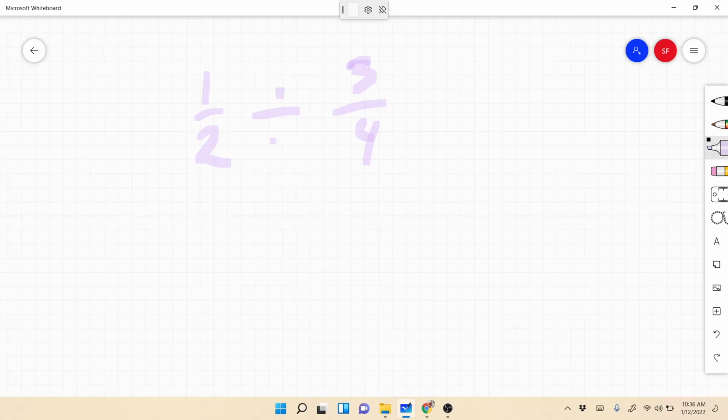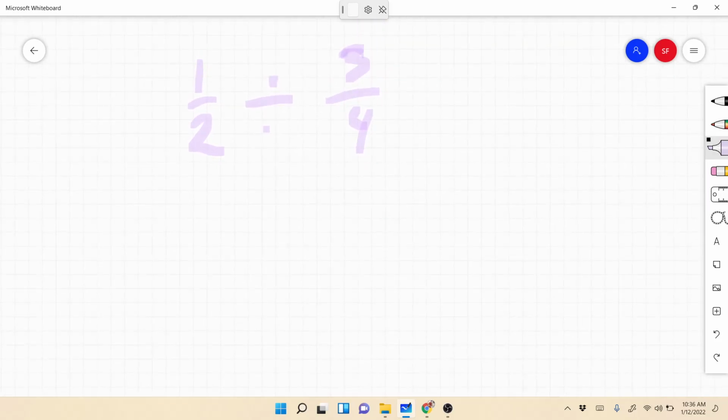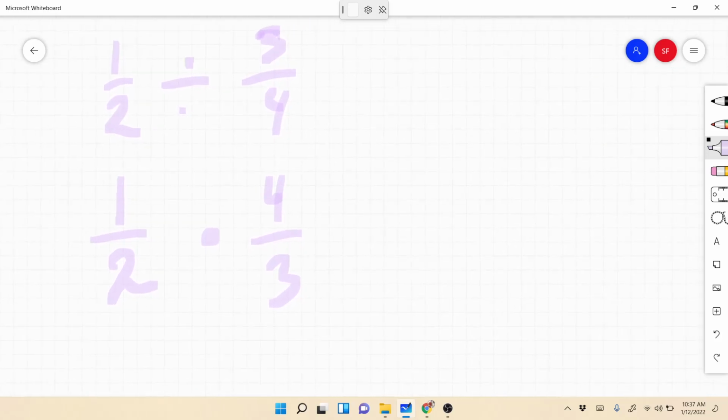What we do to divide fractions is we flip the second one and then multiply. So this is 1/2 times 4/3 on this example. And then you multiply straight across, and you can either reduce at the beginning or at the end, and either way, you end up with 2/3 as the answer over here.